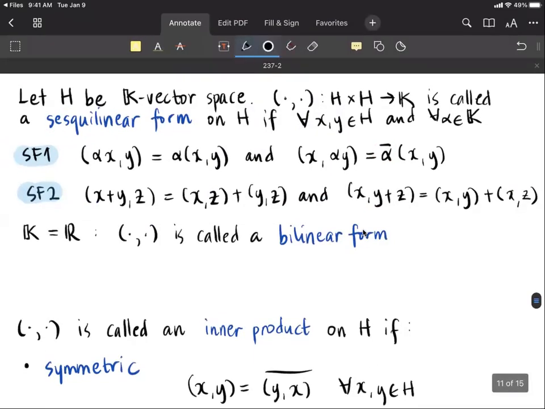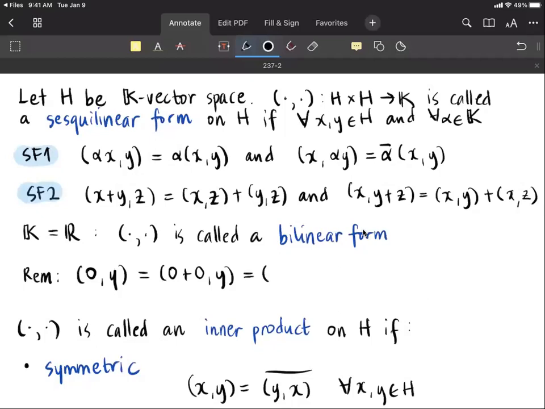Okay, a quick remark. What would be the value of the form at the zero vector and y? Of course, you could write the zero vector as the sum of two zero vectors.